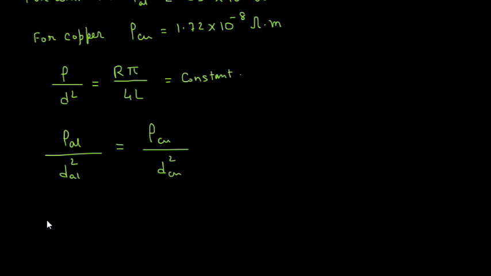So we have to find diameter of copper. In that case, we can write diameter of aluminum under root resistivity of copper upon resistivity of aluminum.